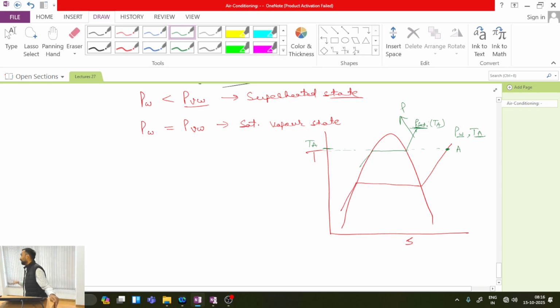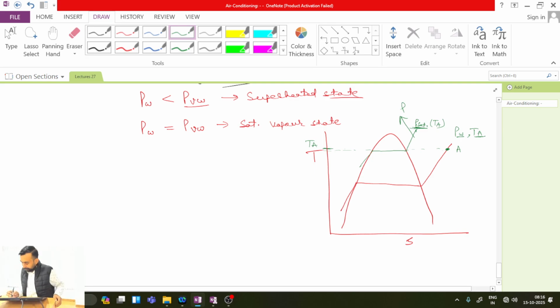It simply means that it is not in saturated state. If the pressure is less, it is in the superheated state. Is this point clear or not?